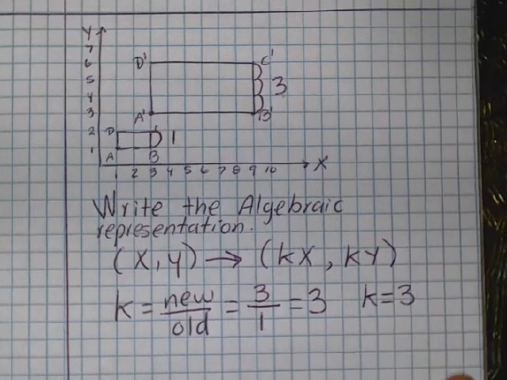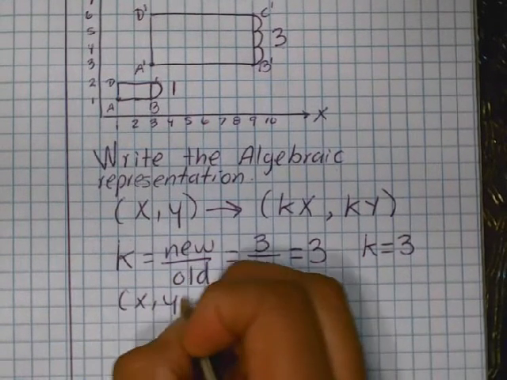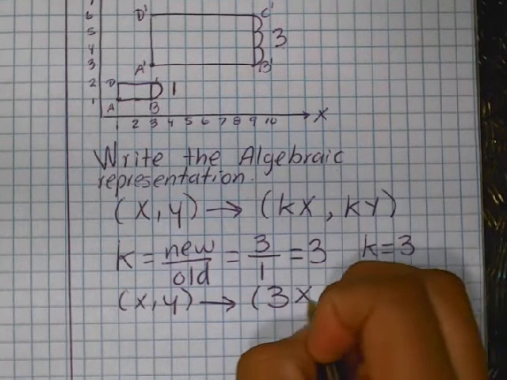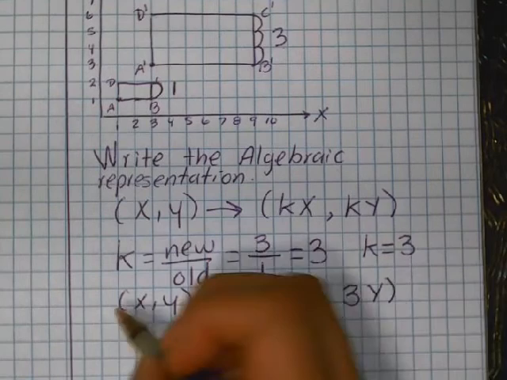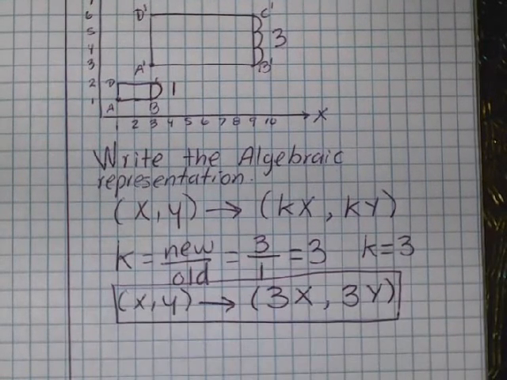My scale factor is 3. So then to come up with the formula, pretty simple. X comma y becomes 3 times x, comma, 3 times y. So this will be the answer to my question.